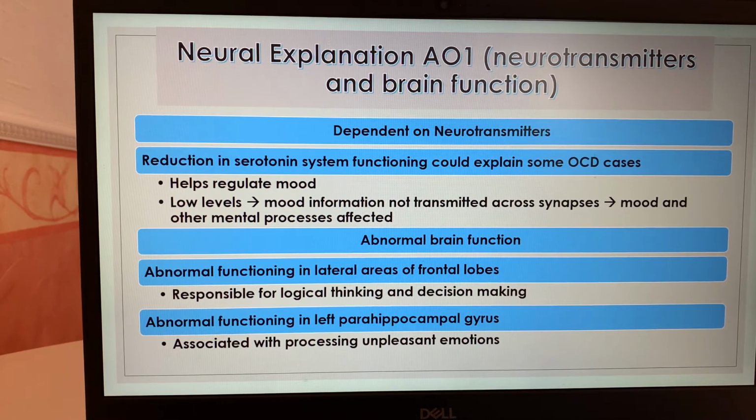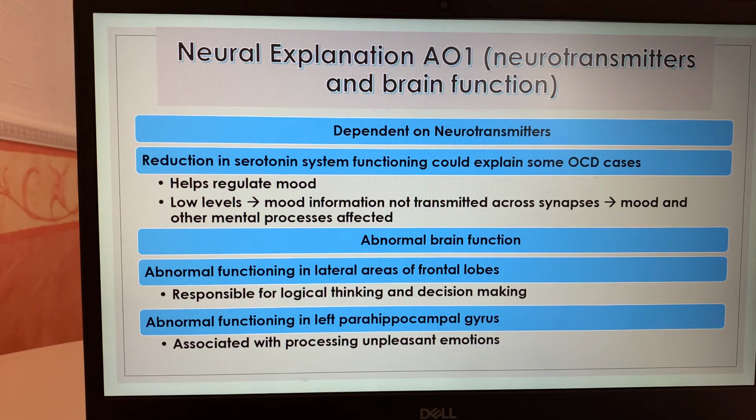And abnormal brain function refers to different areas of the brain. So I mentioned basal ganglia, that's in the book, so you can add some extra notes to that if you want to. But we're going to focus on abnormal functioning in the frontal lobe, so our decision-making system and our logical, rational thinking, and abnormal functioning in the left parahippocampal gyrus.